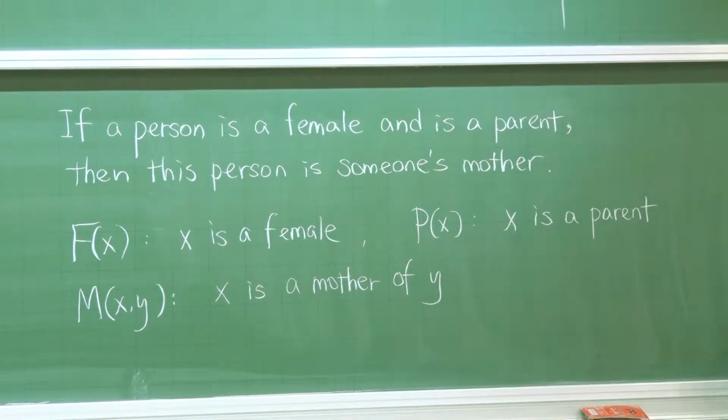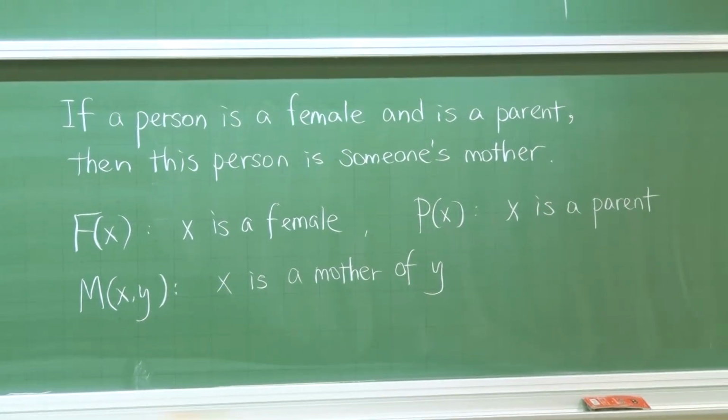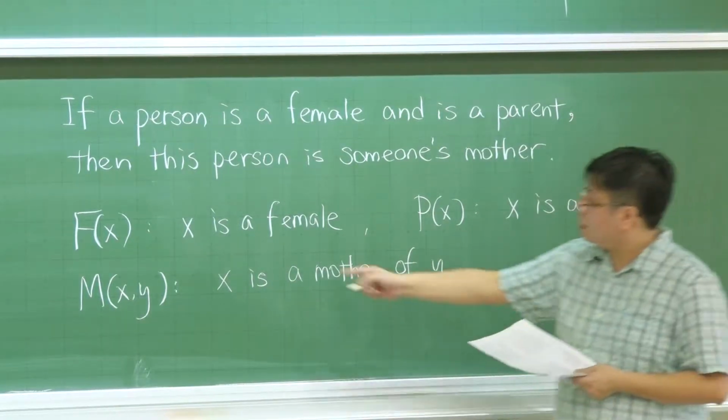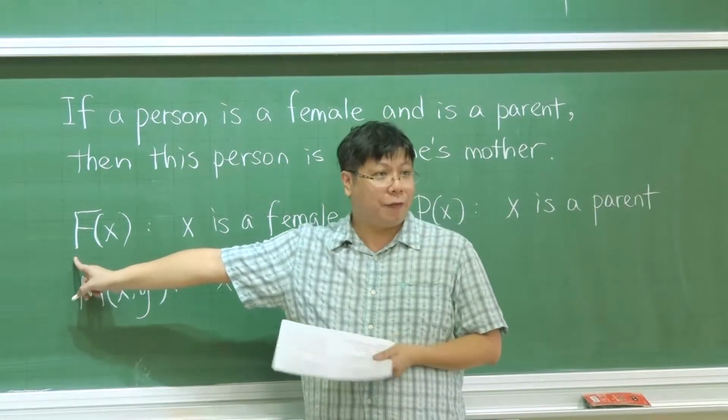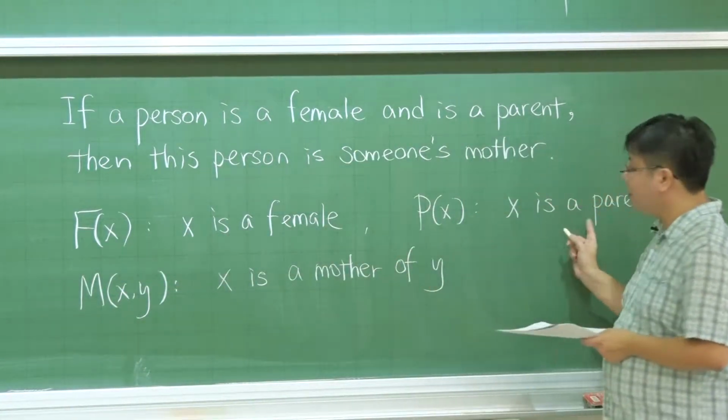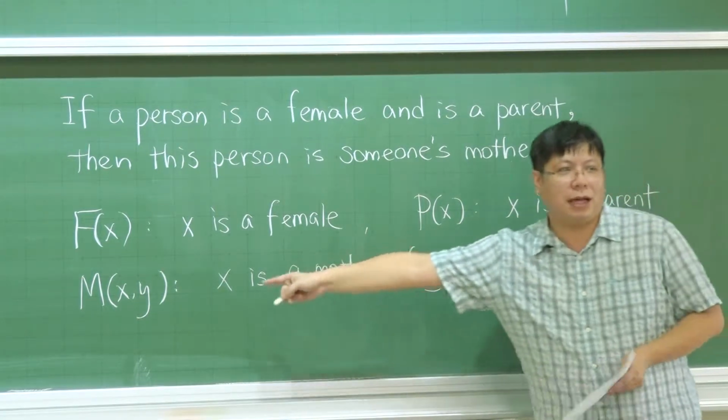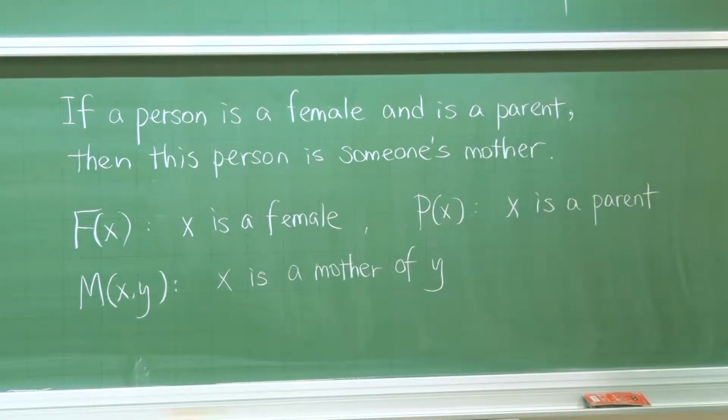And then we want to do the translation, assuming that the domain consists of all the people in the world. Okay, so female, I'm using F. Parent, I'm using P. And mother, I'm using M. So this is easier to memorize. So how do we do the translation?